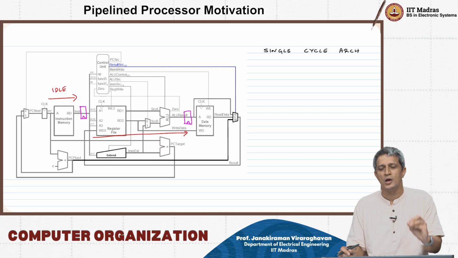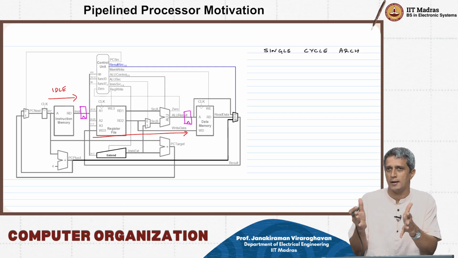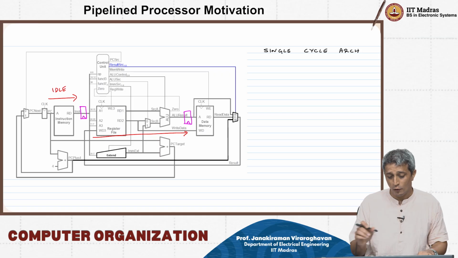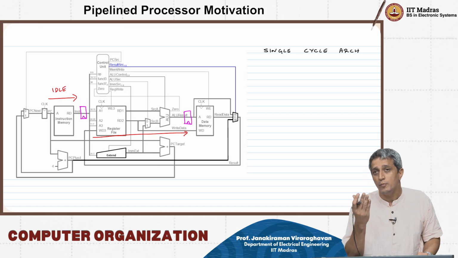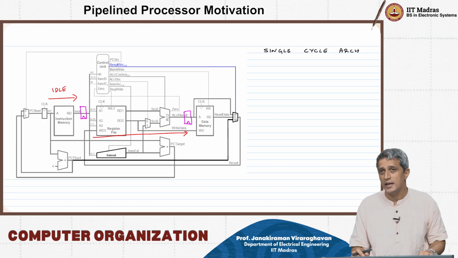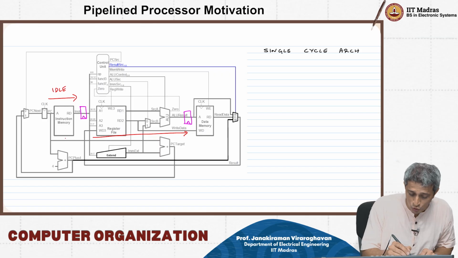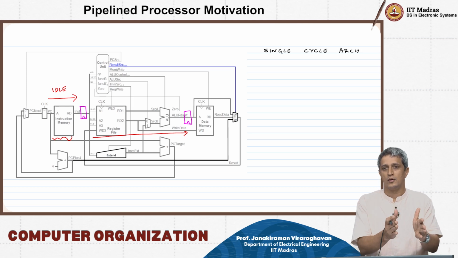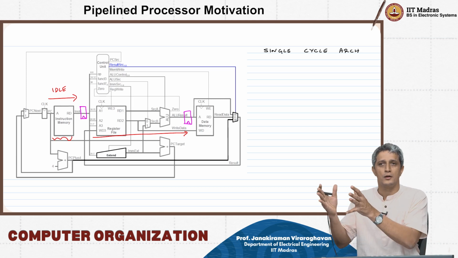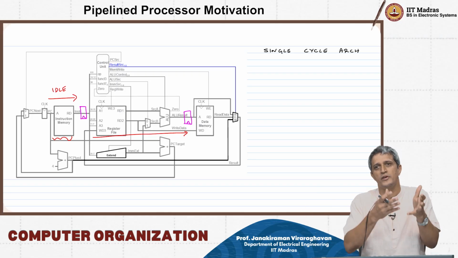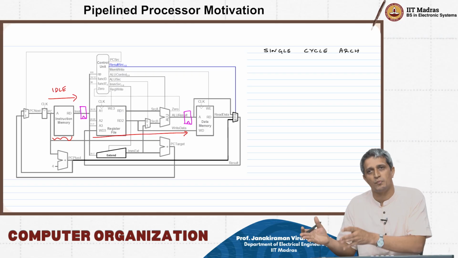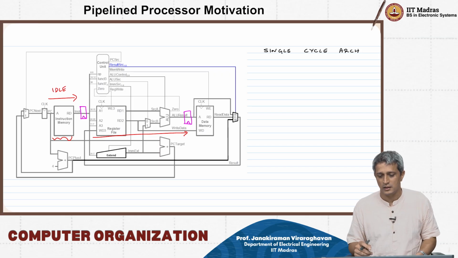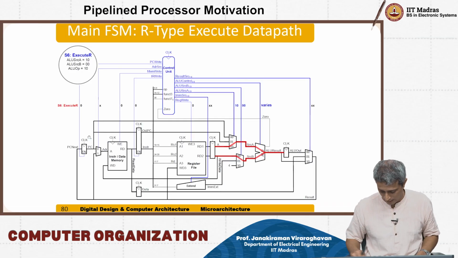Earlier also we saw the idea was to reduce the idle time when you try to go from single cycle to multi-cycle. Therefore, in order to improve on this, what we technically need to do is to start using and make this part of the circuit busy while you are executing some previous instruction in the next part of the circuit, and that precisely is the concept of pipelining.